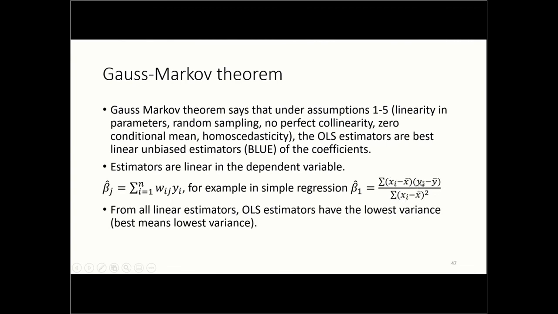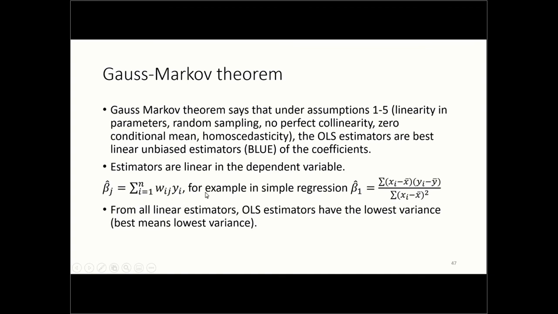But y enters linearly here, and it's almost the same expression as w_i times y_i, where these w_i are basically some terms or weights that are modifying the y_i. So it means that the estimators are linear in the dependent variable. Again, this is a linear expression in terms of y.